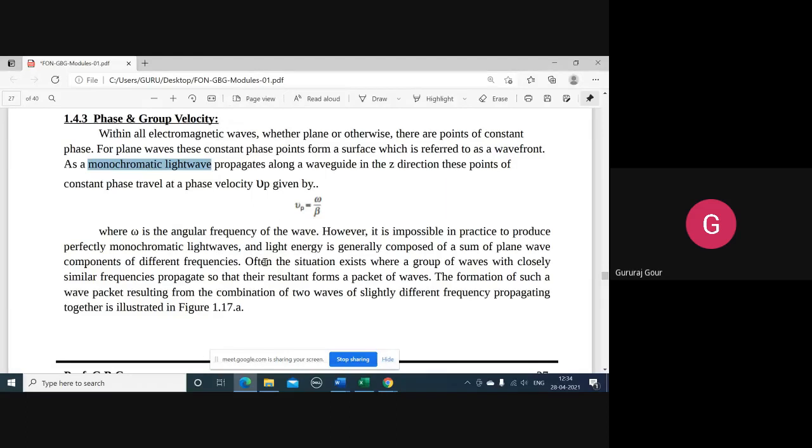Understanding here? So if you say a monochromatic light wave is propagating, it means a set of wave components with differing frequencies are transmitting.